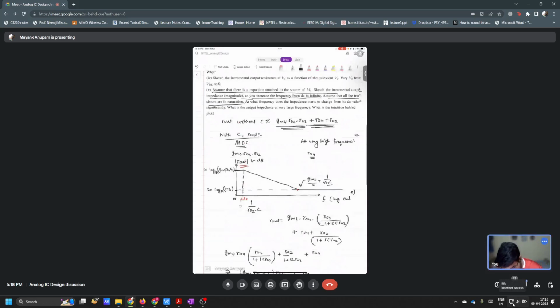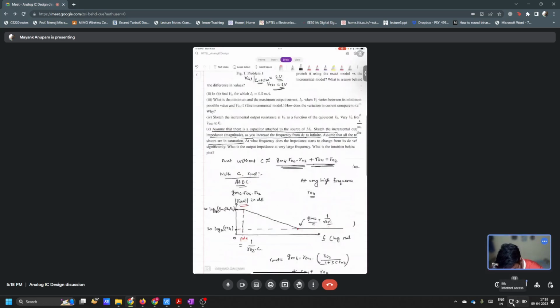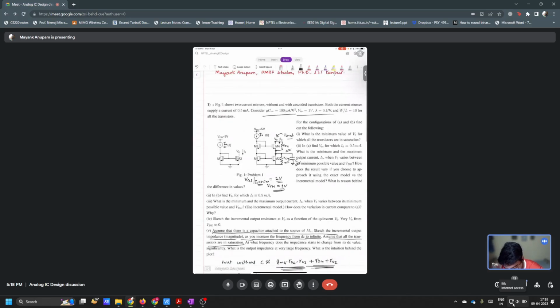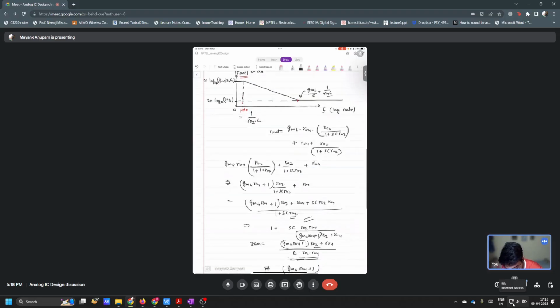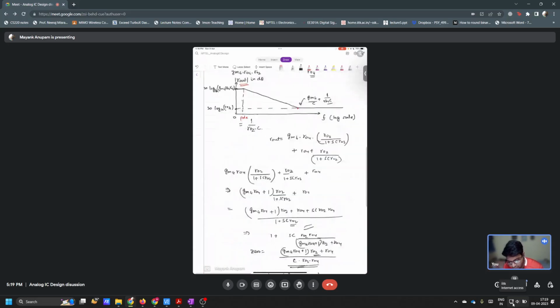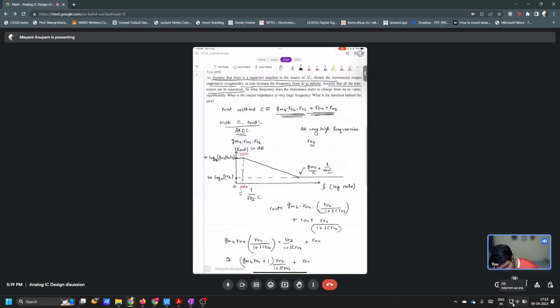Fine. So I made a calculation mistake there. Anyway, you can find R out directly using the expression, and then you can see what is happening. Qualitatively you can clearly understand that initially the output impedance is very high, and at very high frequencies the output impedance decreases, right?